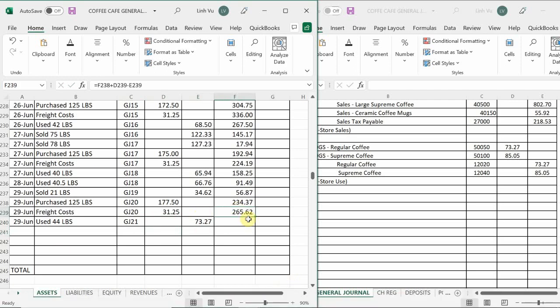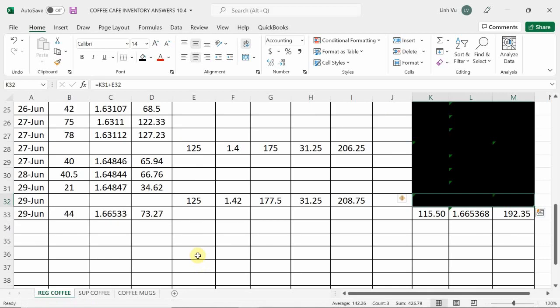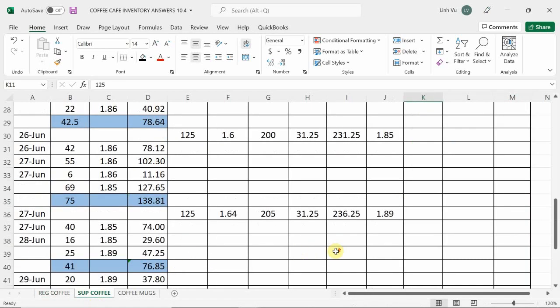How much should be left in my inventory on hand? $192.35, which matches our inventory on hand.